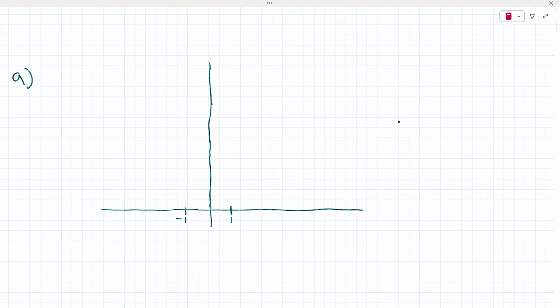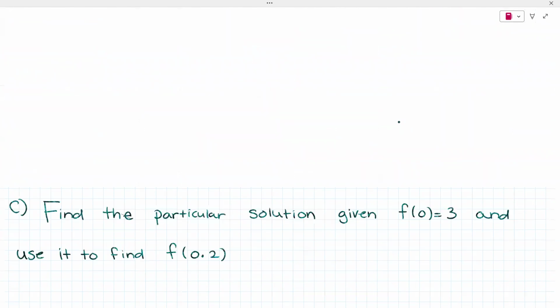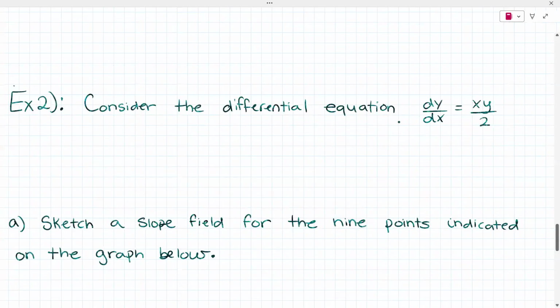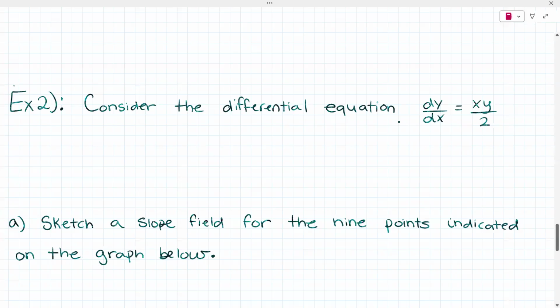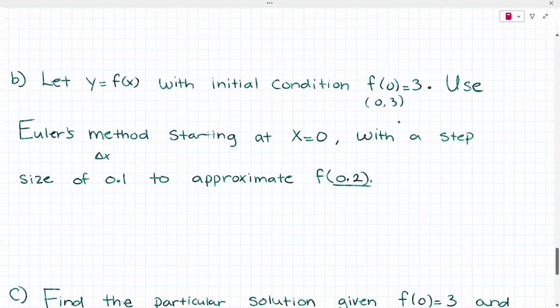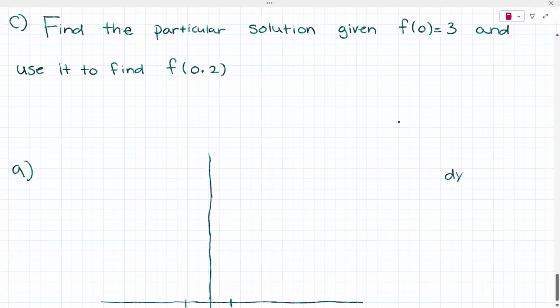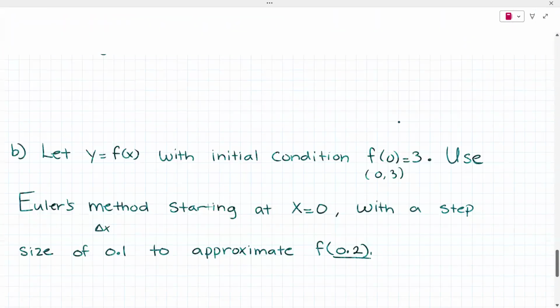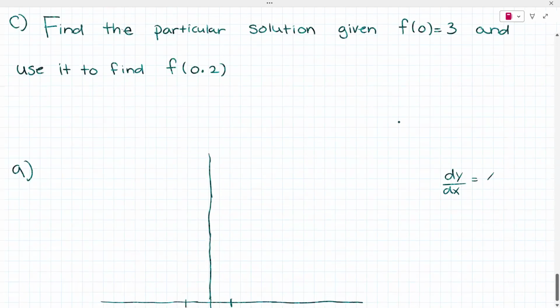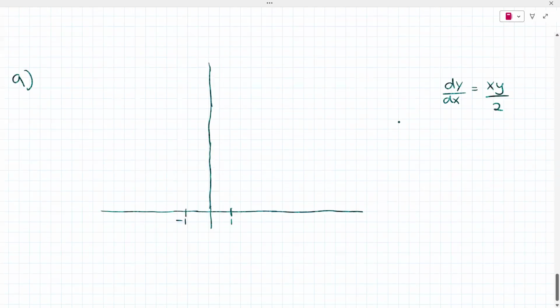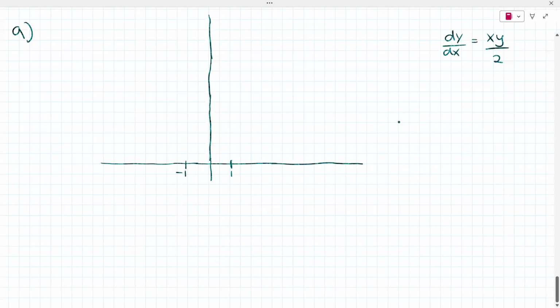Okay, what if I use the point -1? Wait, what is our equation? Our equation is dy over dx equals xy over 2.